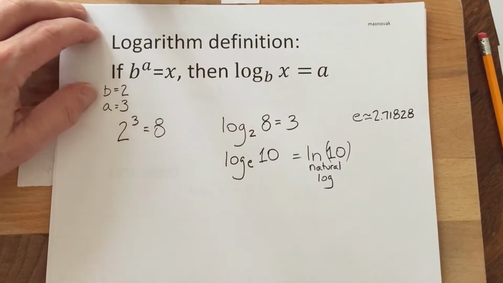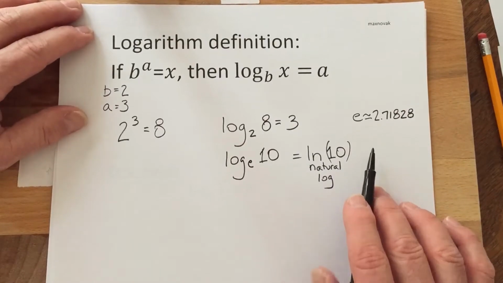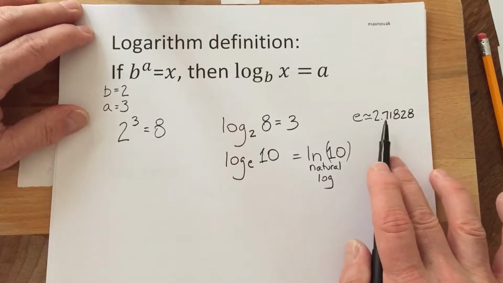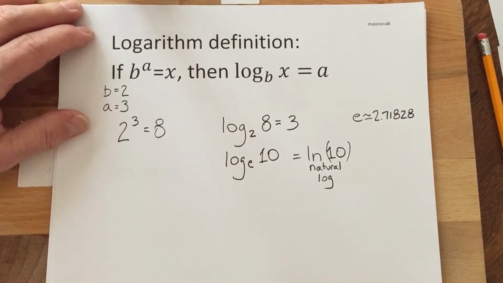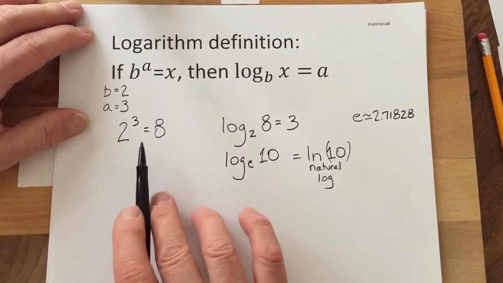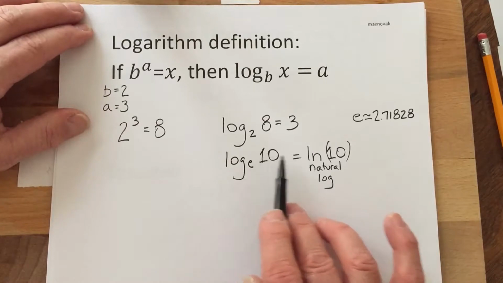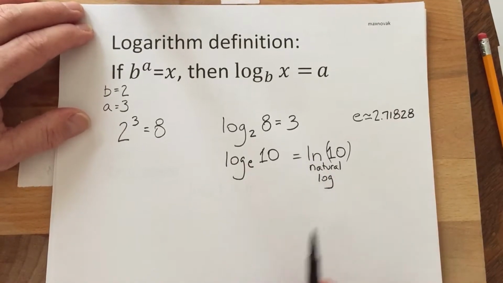It's a very useful number for doing these sorts of things. And the more math you do, particularly when you start doing calculus, you'll recognize the power of this constant e. So the log e of 10 is also called the natural log of 10.